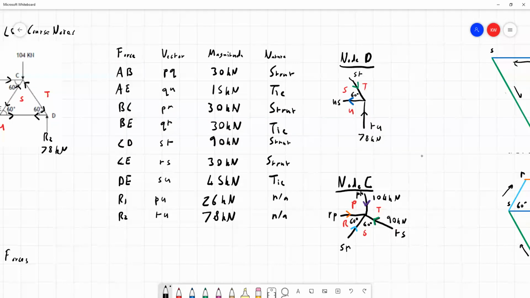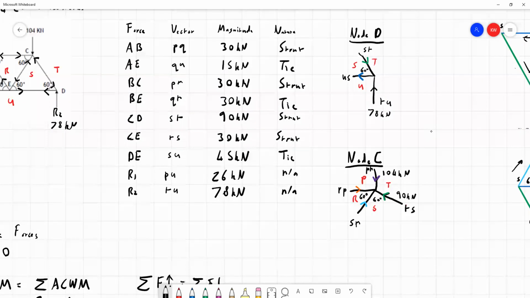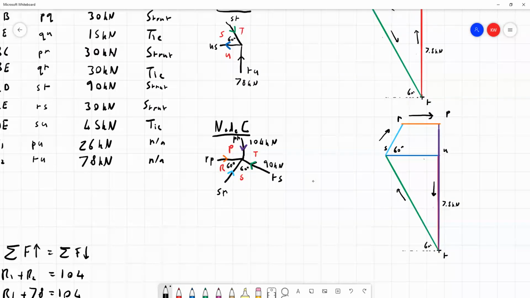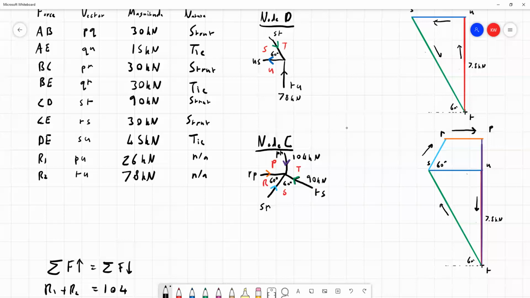Then using this information, we can move down to node C, and because we knew the external force of 104 and we had the information about the member CD, we could build up a picture of our diagram and add in some additional forces represented by vectors RS and RP, which corresponded to CE and BC in our diagram.